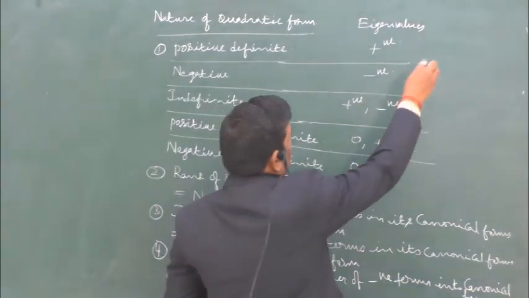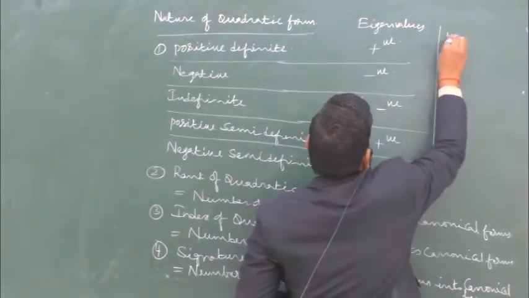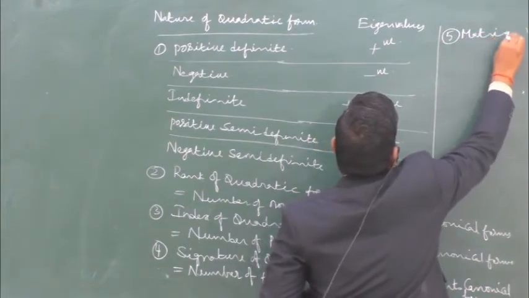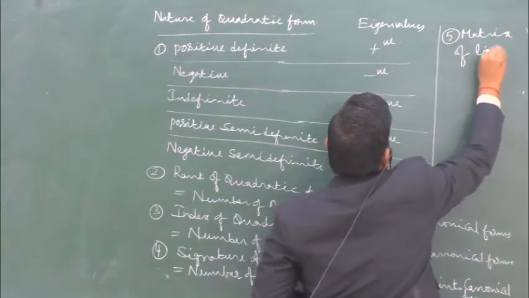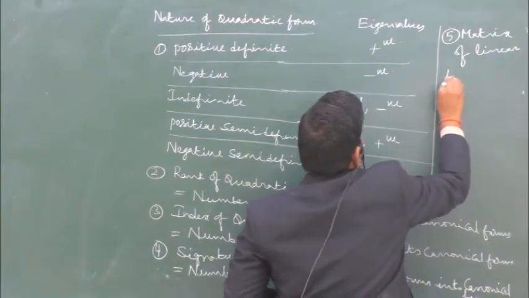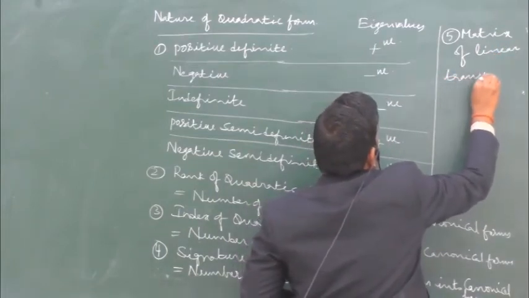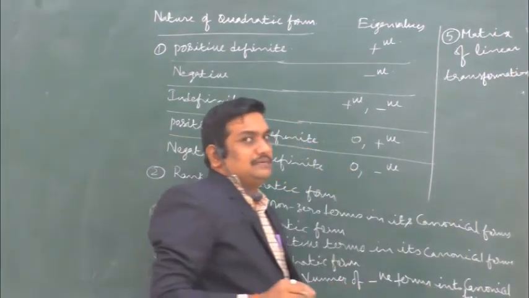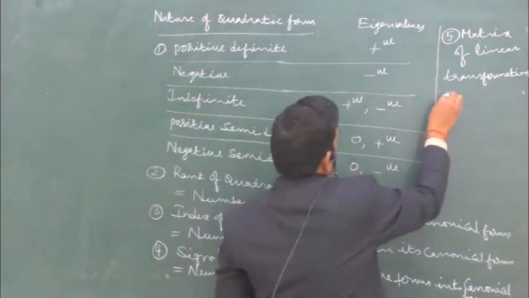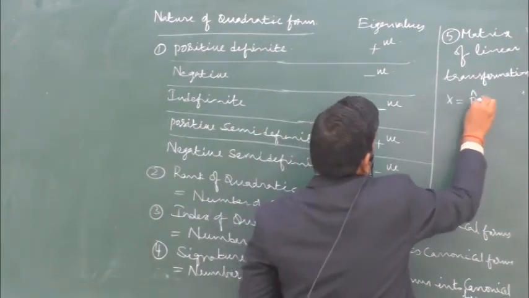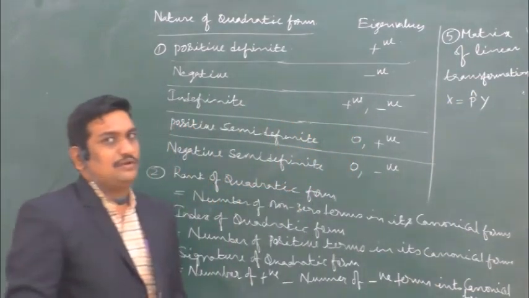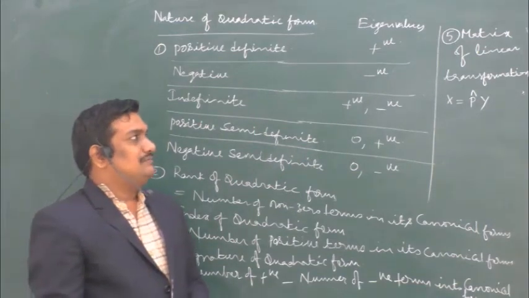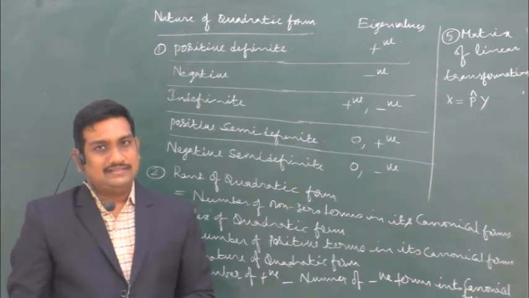And one more point, matrix of linear transformation. It is denoted by x equals P cap y, where x is a column matrix x, y, z, and y is a column matrix y1, y2, y3.